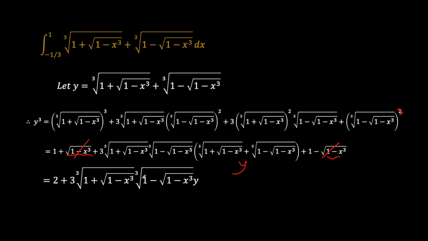Now, as you can see, we can combine this cube root sign, and so you have the product of the sum and the difference, which means that this is the same as the square of the first minus the square of the second term. So now we have 2 plus 3 cube root of 1 minus, because we have multiplied this together, the square of the square root of 1 minus x cubed.